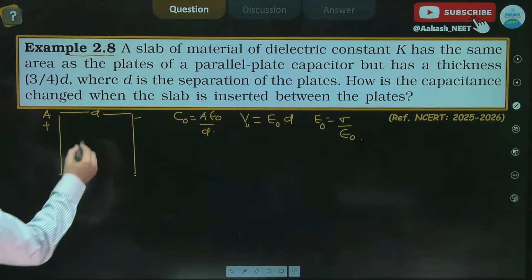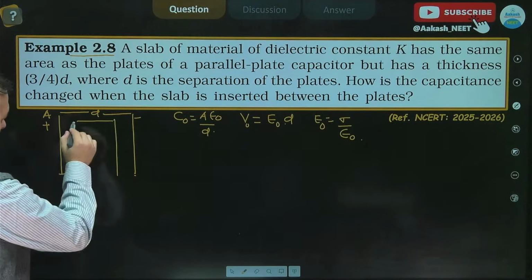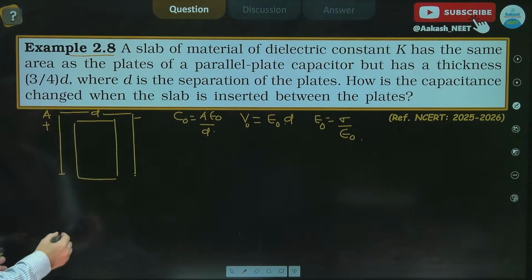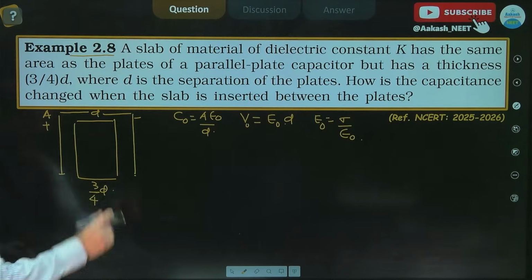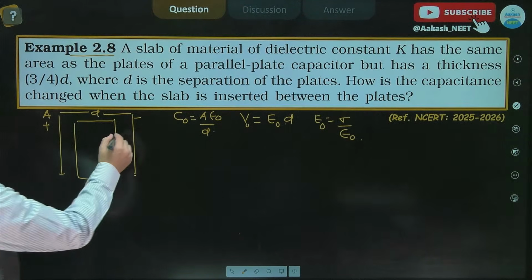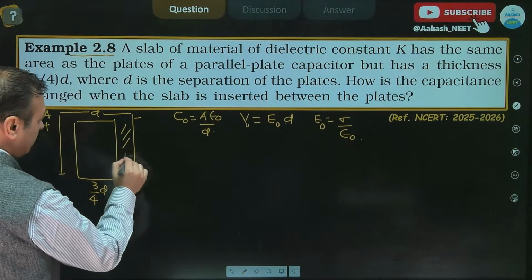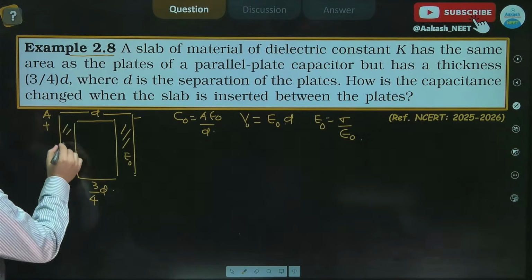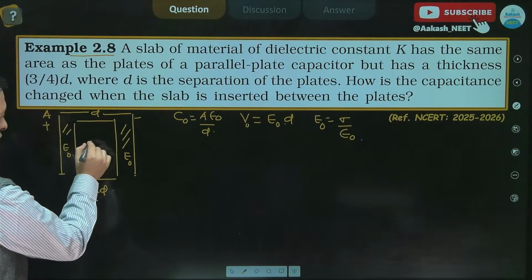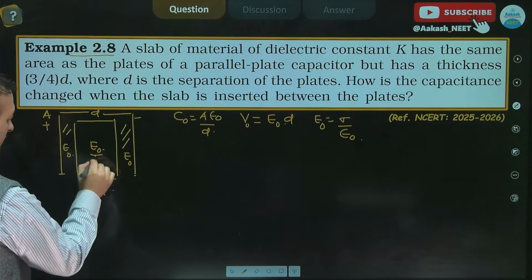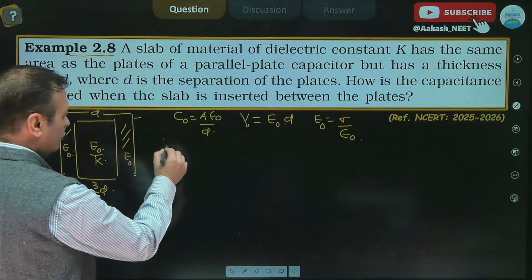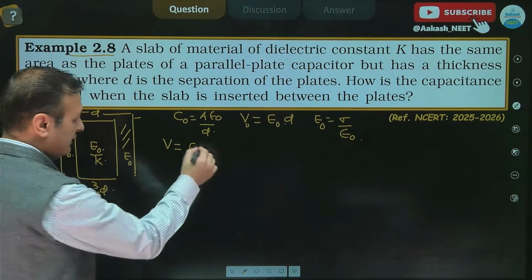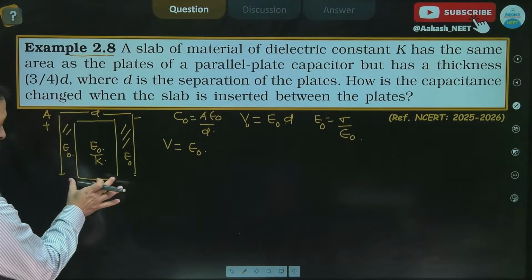Now a dielectric slab is introduced, area A, but thickness is 3/4 D. So here in this region, the electric field would still be E naught, but in the slab, electric field would decrease to E naught by K. Got it or not?